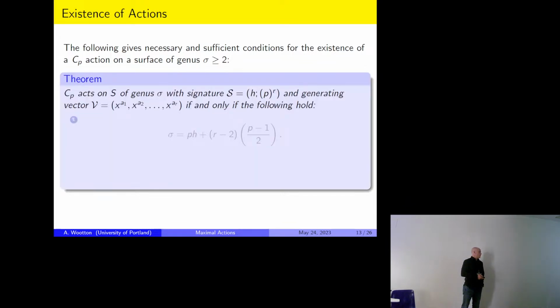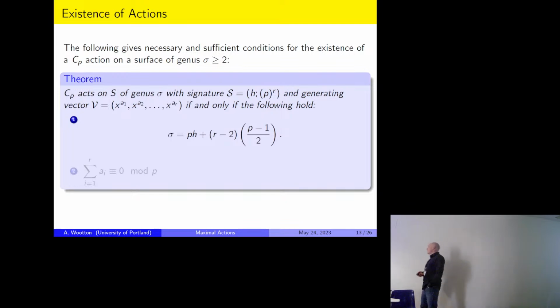So we have the following theorem. A given cyclic group acts on S of genus sigma with a given signature and generating vector given by this, if and only if the following two results hold. First of all, the first result is simply the Riemann-Hurwitz formula.